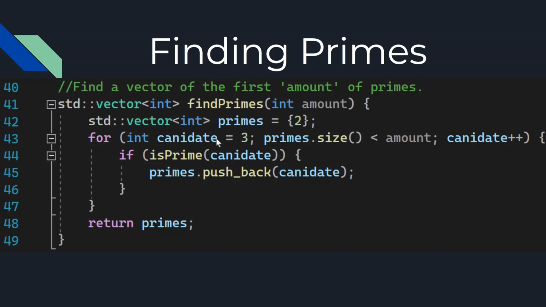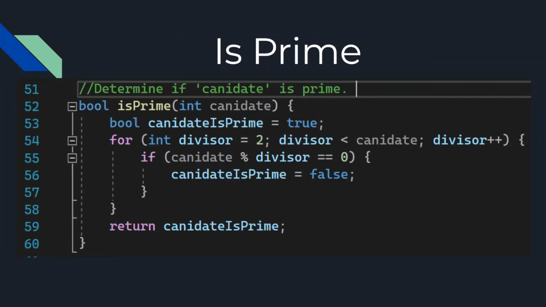Well, how do we test if a number is prime? Well, we have this candidate number that we feed in. And we say, okay, if none of the numbers in between 1 and this candidate are divisors of the candidate, then this number is prime.